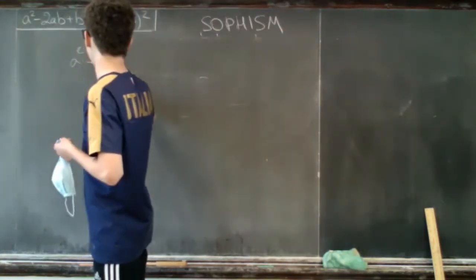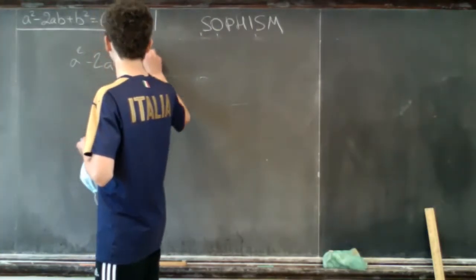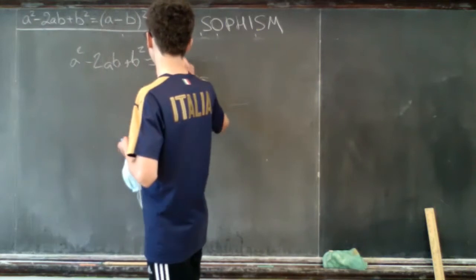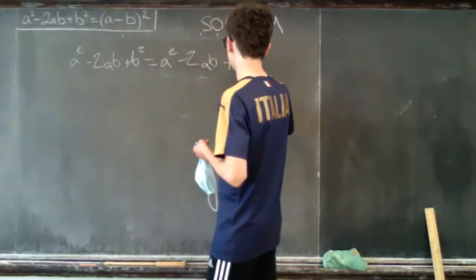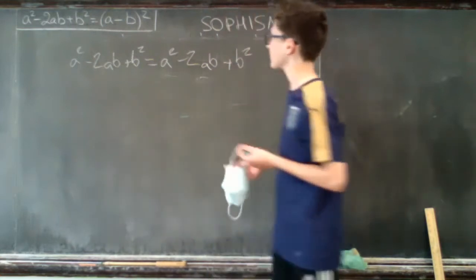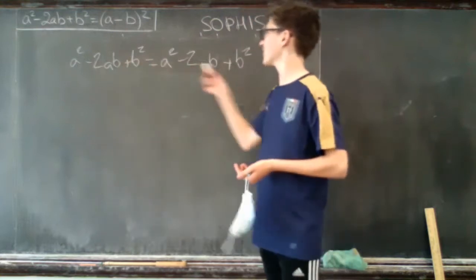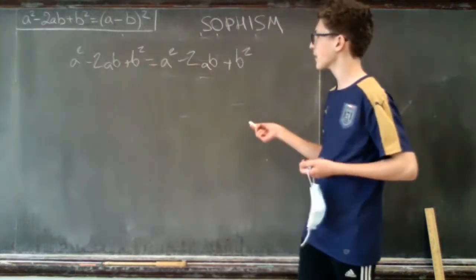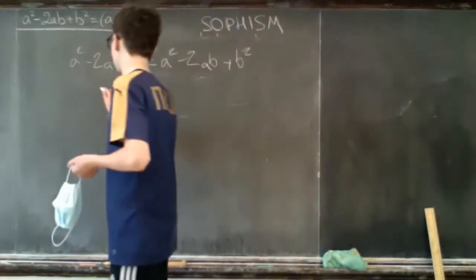A squared minus 2ab plus b squared equals a squared minus 2ab plus b squared. This is obviously equal because both of these statements are the same. For the next step, we're going to rewrite it.